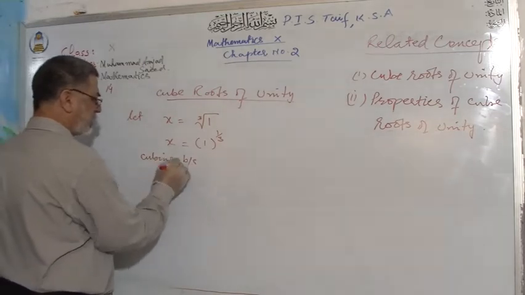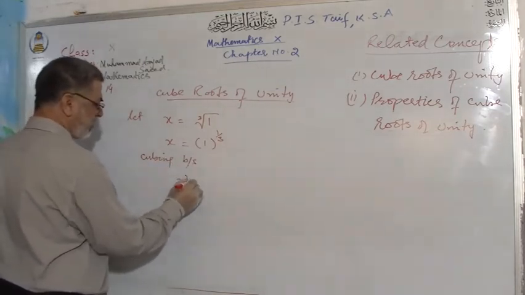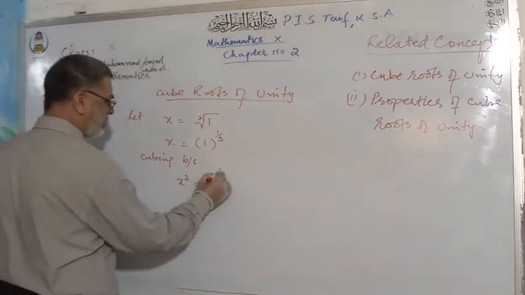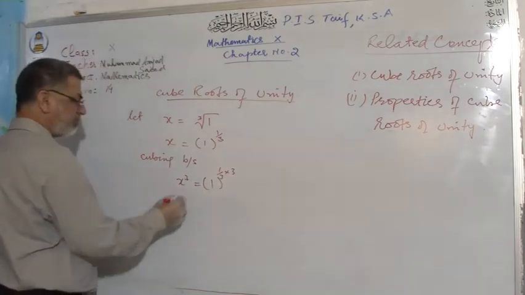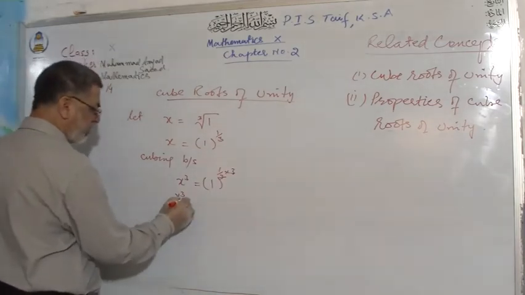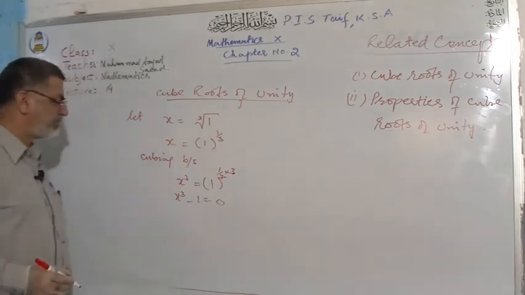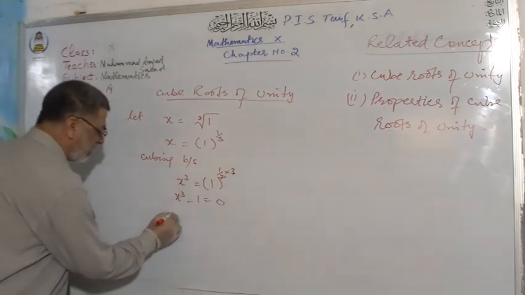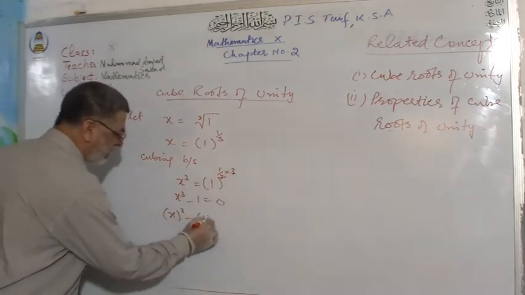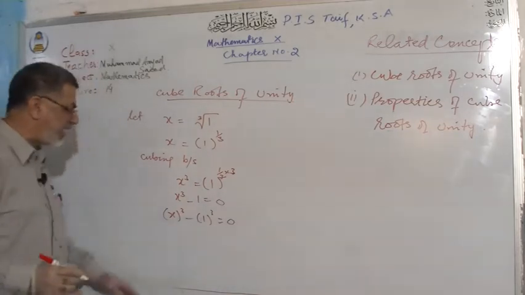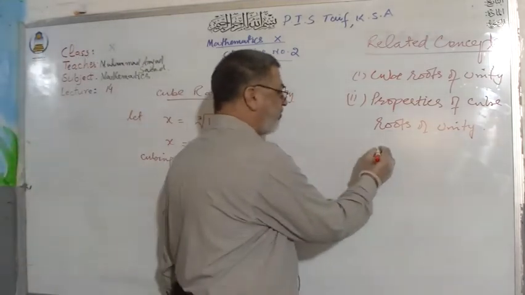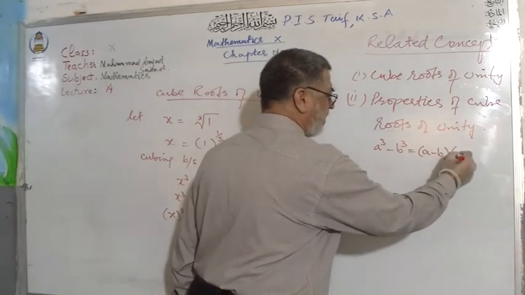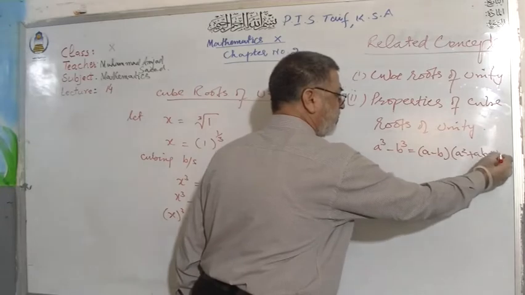Cubing both sides, x cube is equal to 1, because 1 over 3 and power 3 cancel out. So x cube minus 1 is equal to 0. Bring this 1 to the left hand side. Now write down the proper shape of the cube formula. Remember, this is your formula: a cube minus b cube equals a minus b into a square plus ab plus b square.